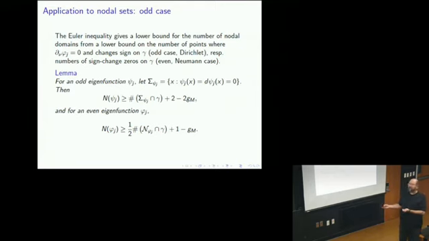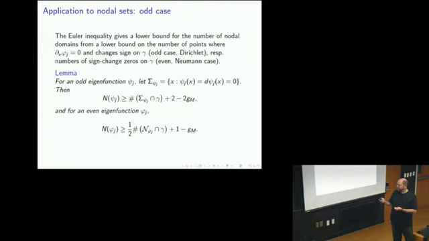in that embedded graph. So for an odd eigenfunction, actually it's the singular points, the points where the function and its gradient vanish. Odd eigenfunctions turn out to have lots of singular points. And we get that the number of nodal domains is greater than or equal to the number of singular points. And for the even ones, or the Neumann ones, the number of nodal domains is greater than or equal to half the number of zeros along this curve.